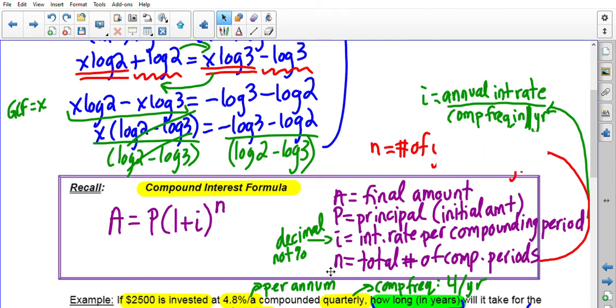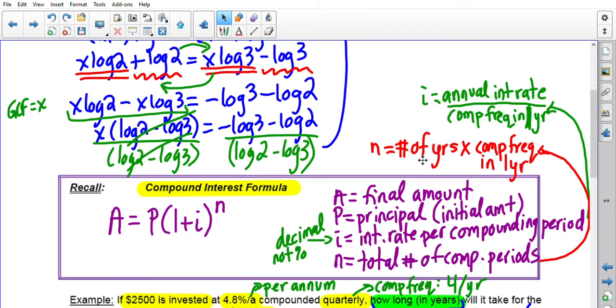And then the next one is little n, which equals the total number of compounding periods over the time of the question. This always has to be in years, so they're always going to give you time in years. To calculate n, you're always going to have to do number of years times the compounding frequency in 1 year.